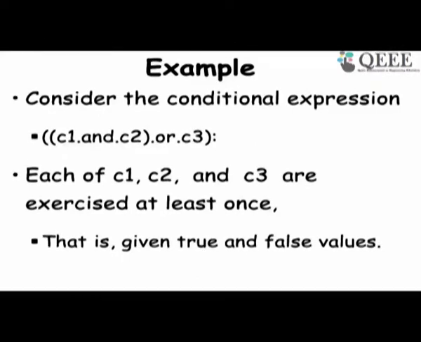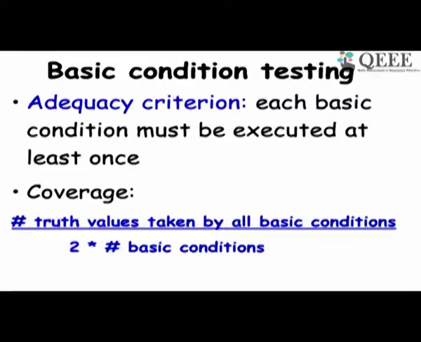So C1, C2, C3 should each be true and false. Condition testing can be basic condition testing or multiple condition testing. In basic condition testing, as long as some condition has achieved true or false at some time, we are happy. We are not concerned about all possible combinations of conditions.